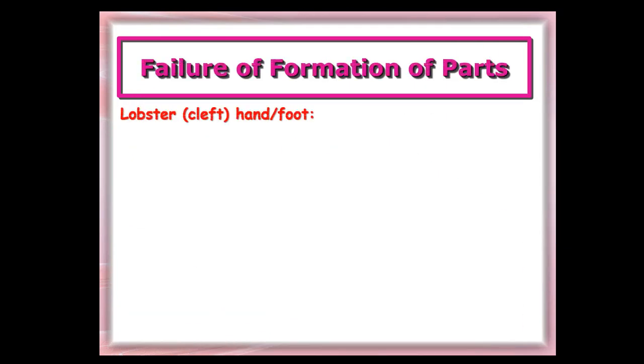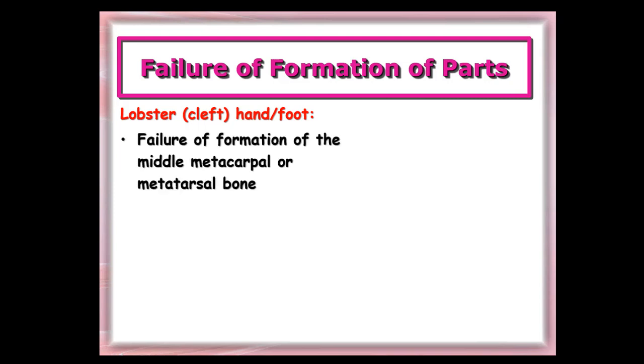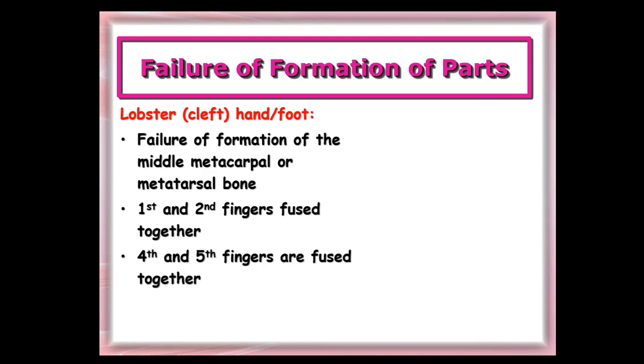Also, in failure of formation of certain parts of the limbs, like this anomaly, which is called lobster or cleft hand or foot, there is failure of formation of the middle metacarpal bone in case of the hand, or middle metatarsal bone in case of the foot. Also, the first and second fingers fuse together, and the fourth and fifth fingers fuse together.